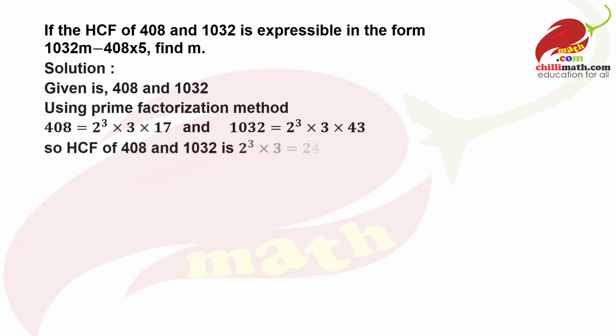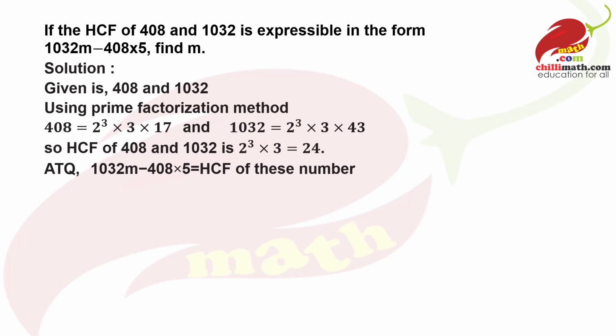So HCF of 408 and 1032 is 2 cubed times 3 equals 24. According to the question, 1032m minus 408 into 5 is equal to the HCF of these numbers. That is, 1032m minus 408 into 5 is equal to 24. On solving, we get m equals 2.